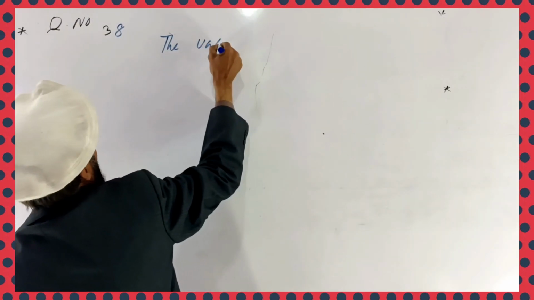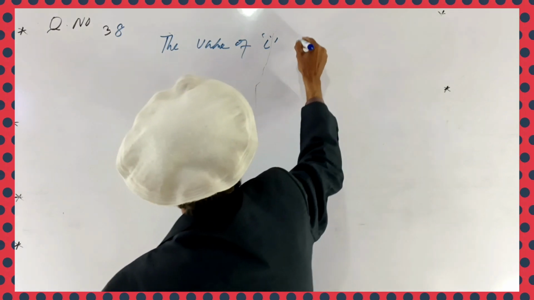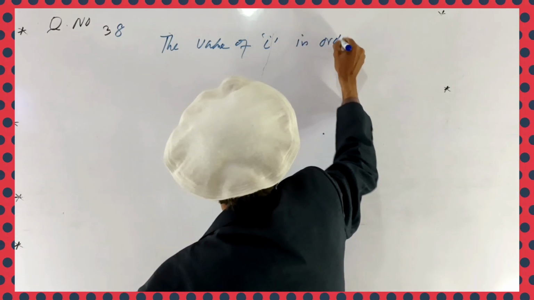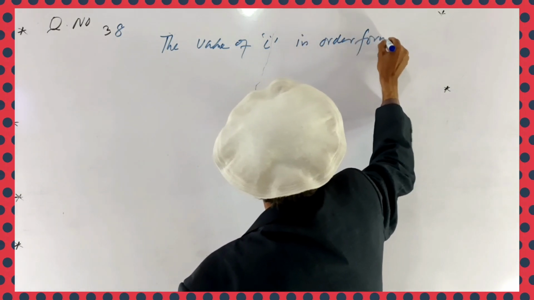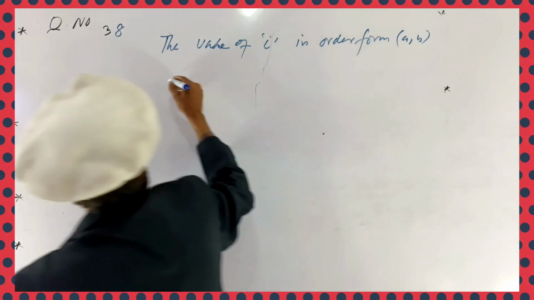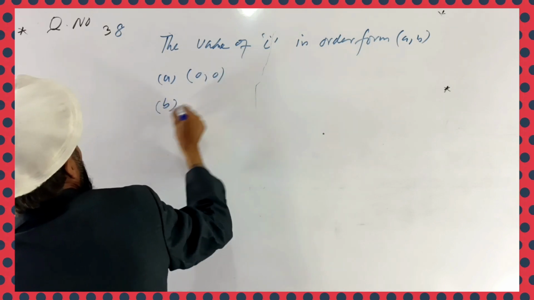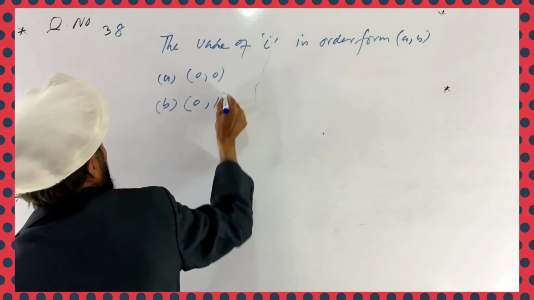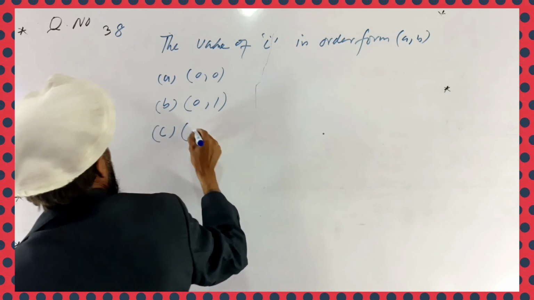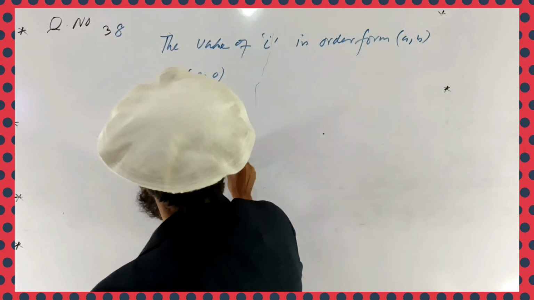Value of iota in ordered form is: 0 0, 0 1, 1 0, and D minus 1 0.